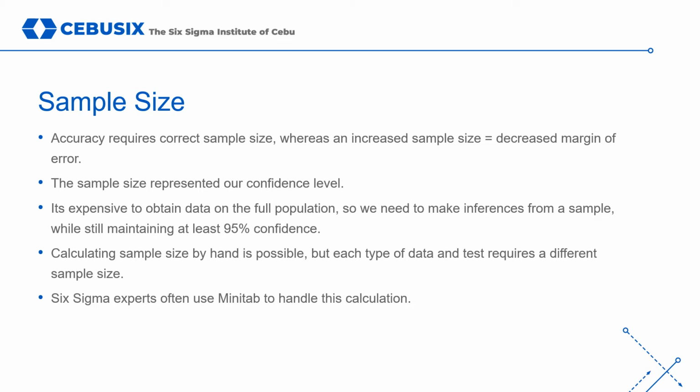We often set our alpha value at 0.05, which means that we were at least 95% confident in choosing to reject or not reject the null hypothesis. We can make our hypothesis tests even more accurate by defining the power and sample size for our data, particularly when we are pulling the data ourselves and can choose how many samples to take. There are a number of ways to calculate the sample size needed for a particular project, but the most common is to use Minitab.